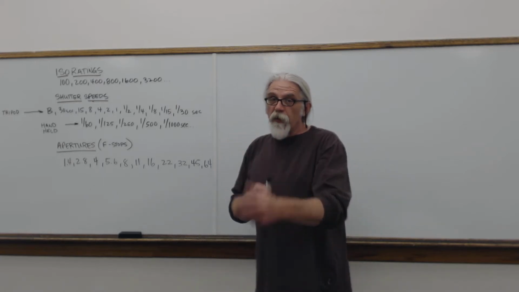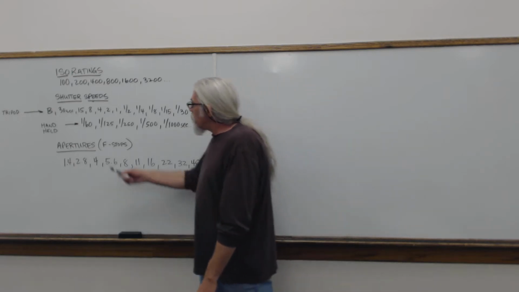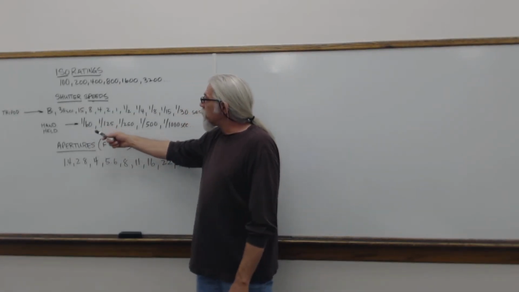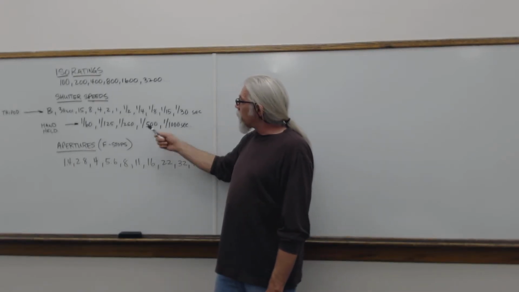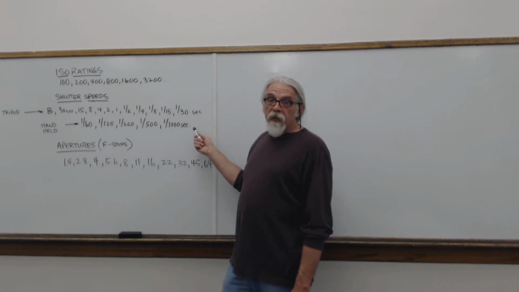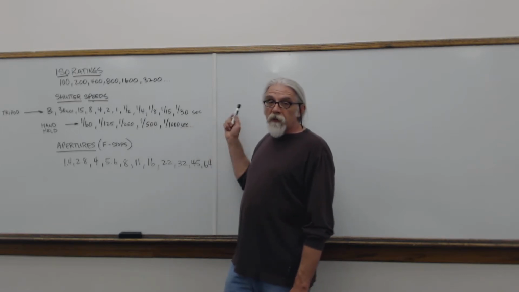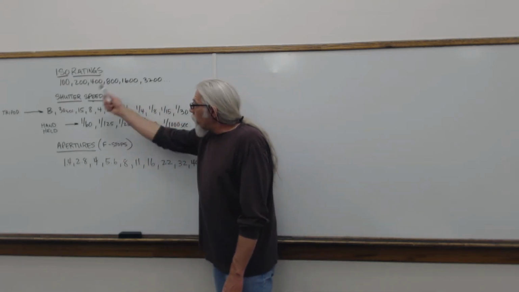If we have a 1000mm telephoto lens, it's hard to hold it at a 60th of a second. But these are typically handheld settings: 1/60th, 1/125th, 1/250th, 1/500th, 1/1000th of a second. Today's cameras go up to 1/2000th, 1/4000th of a second, and maybe even further. We'll talk a little bit about this in a second.